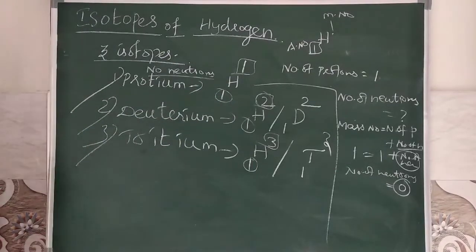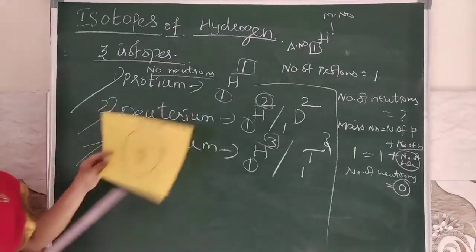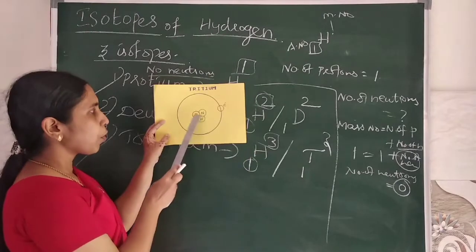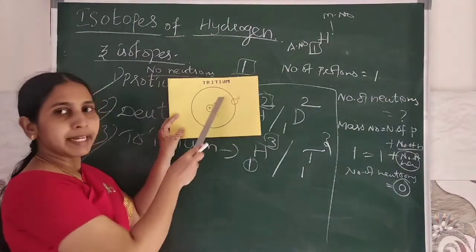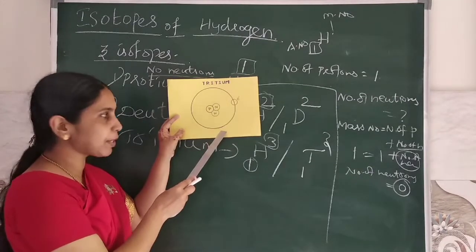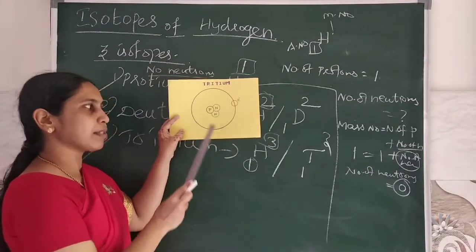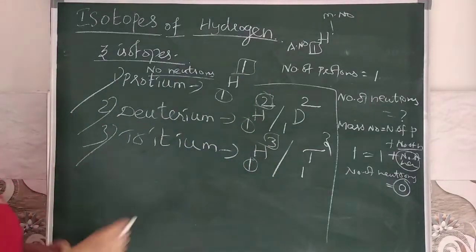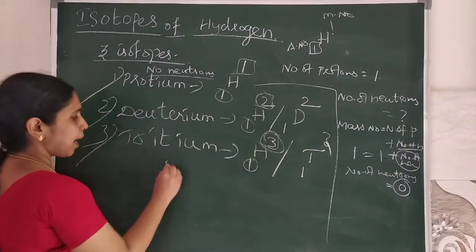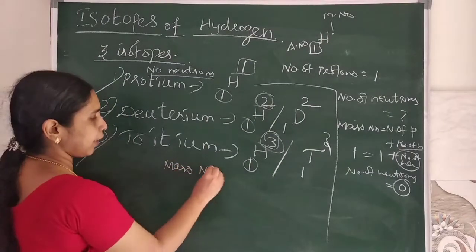Third one is tritium. So 1 proton and 2 neutrons are present. In tritium, how many neutrons are present? 2 neutrons. Or you have to calculate from the mass number. Tritium mass number is equal to 3.